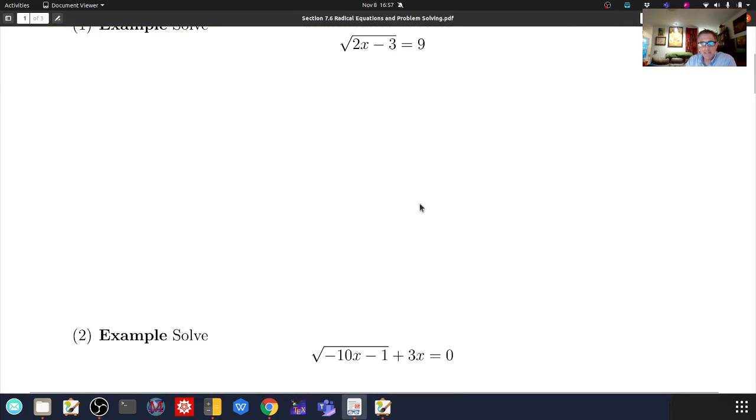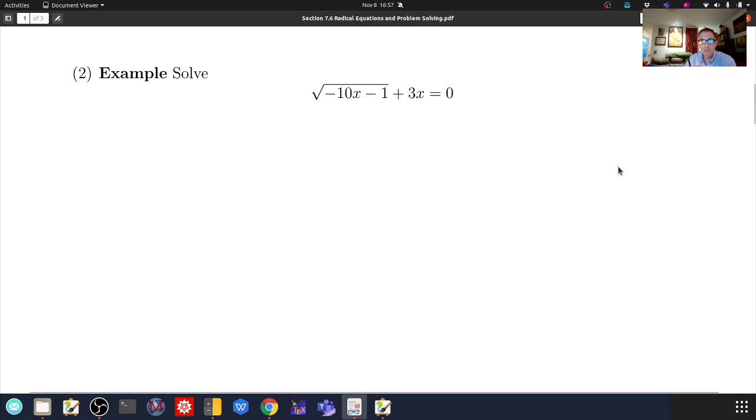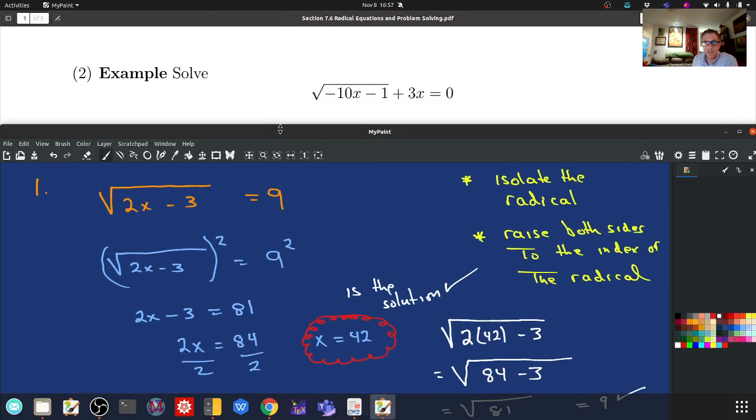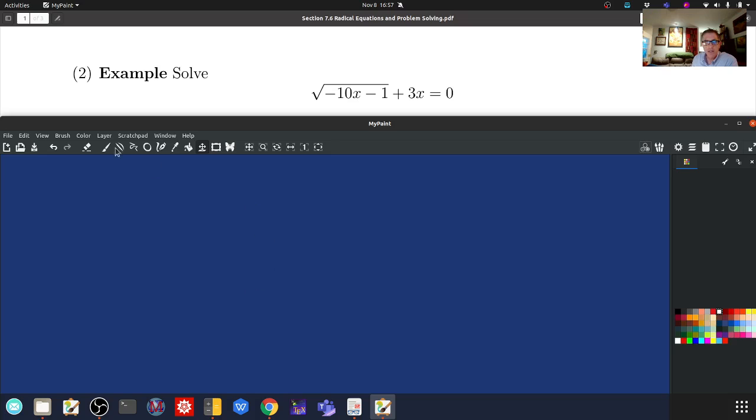Now for our next example, I just want to show you, this is not one that I intended you to do, and I've tried to remove those from your homework. Although I don't mind you doing them on your homework because they're not bad, but they won't be something that you'll be tested on.